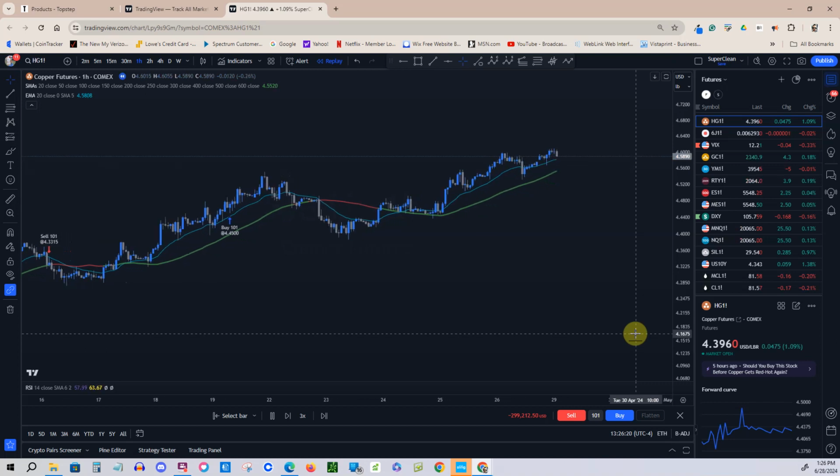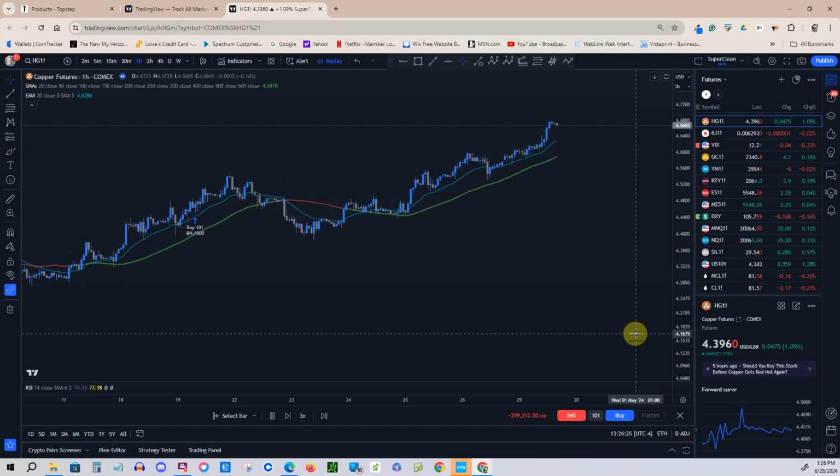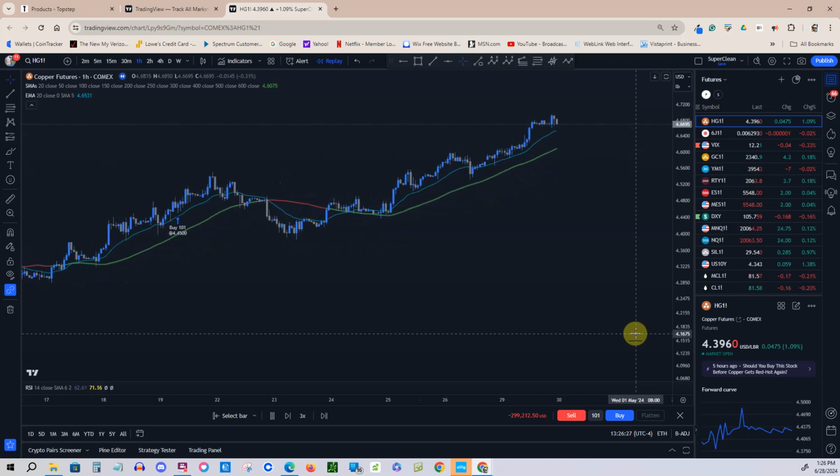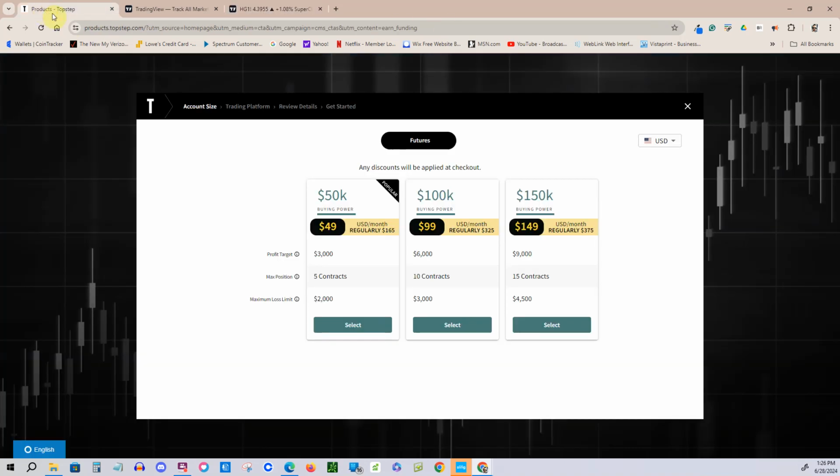On the contrary, if you have skin in the game and you do have some money on the line, you're paying for the challenge account, for example, on Top Step. The smallest account that you can get is a $50,000 account. The fee on this, the subscription, is $49 a month.